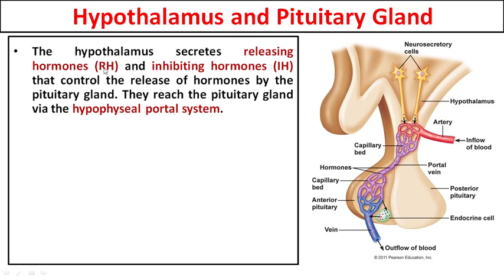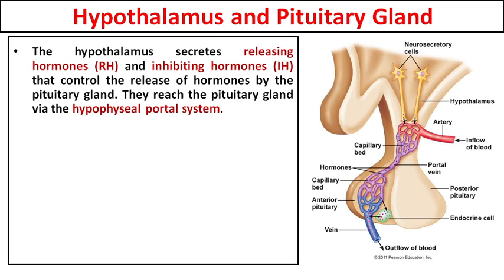Now, how are these hormones carried to your pituitary? They can be carried by two ways. The first way which we are going to see is your hypophyseal portal system. Now, your pituitary is also known as hypophysis, and so this system of blood vessels is known as hypophyseal portal system.